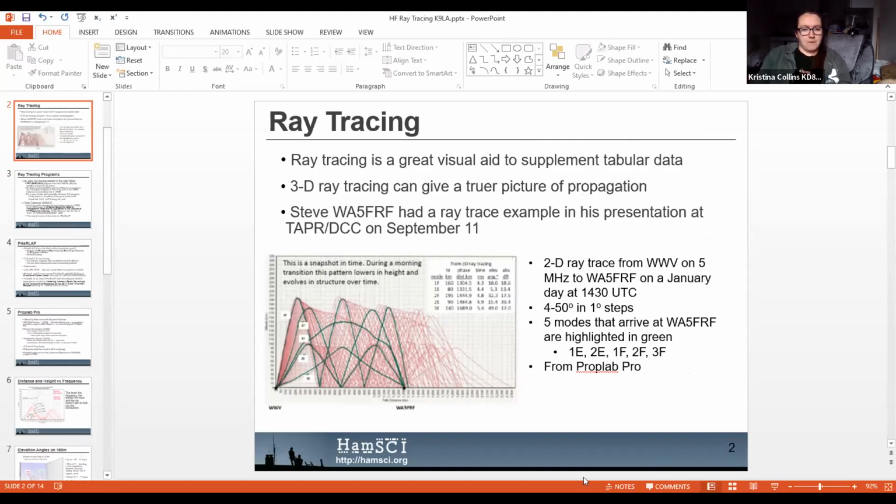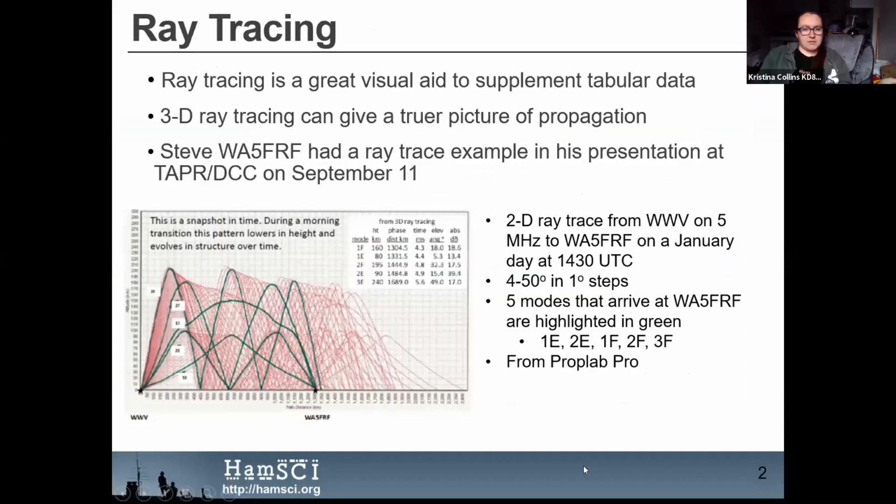But I find it interesting because I'm looking at yours and I'm seeing many more modes than I see in mine. I took the FarLab code and adapted it to figure out which rays are hitting the station, but I'm wondering if there's something else I should be doing. So maybe you could tell us a bit about these modes. Well, it's at 5 megahertz. 1430 is probably around sunrise, and I'm not sure what else to say in comparison to what you did.